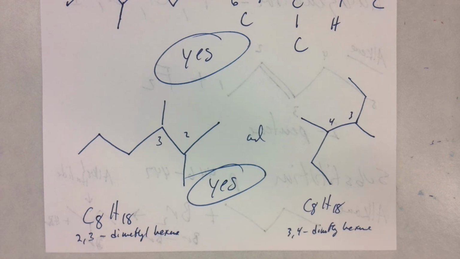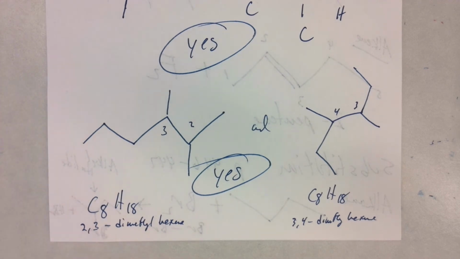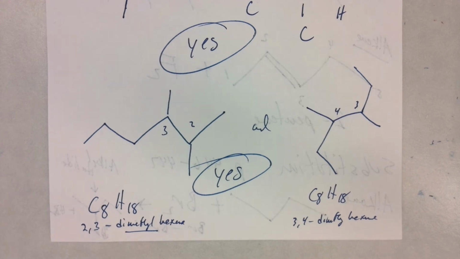Now, here's the $6 million question, and this is because there are like 15 of these on the test. How did I get the fact that that was a methyl hexane? We need to figure out how we know what to name a branch.